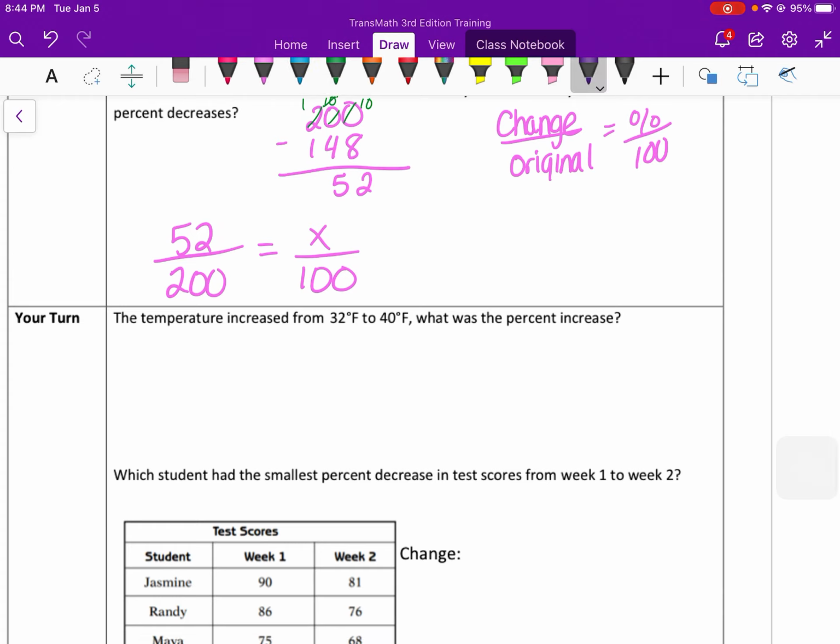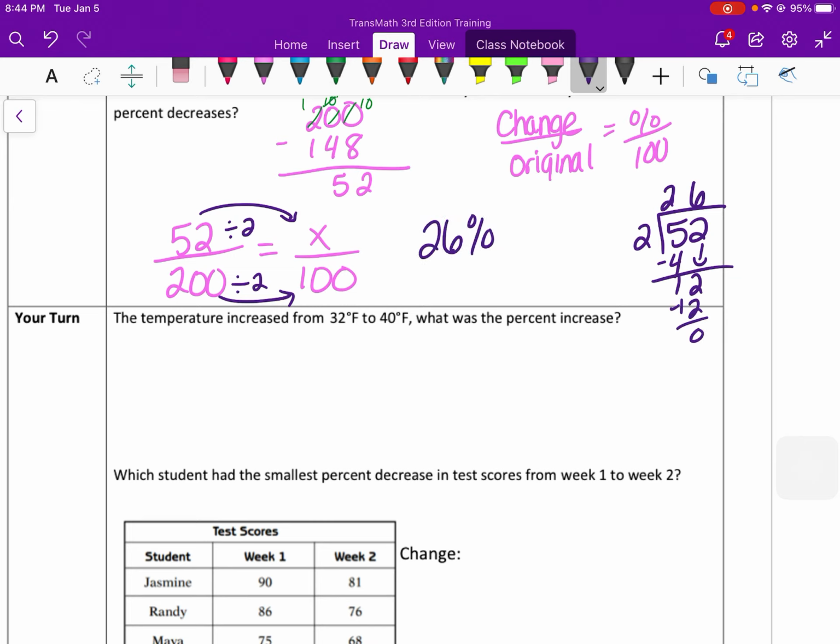Since 200 can be divided by 2 to give me 100, you can take 52 and divide it by 2 as well to get your percent. So 52 divided by 2, 2 goes into 5 2 times, 4. Bring down the 2. 2 goes into 12 6 times. That would be 12. It'd be a 26% decrease.